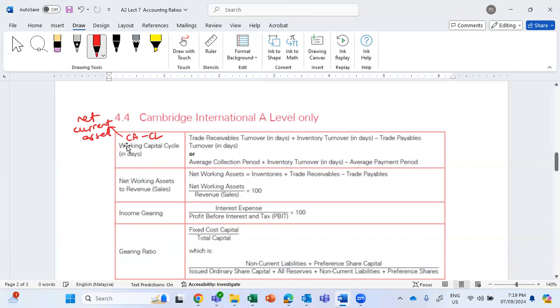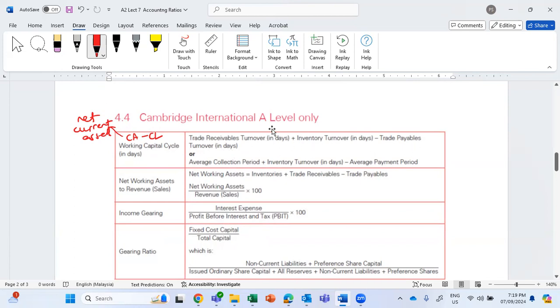But the name working capital still applies. So working capital cycle in days refers to this, the trade receivable turnover in days, as in how many days it takes to collect from trade receivable, plus inventory turnover in days, minus trade payable turnover. Okay, right?